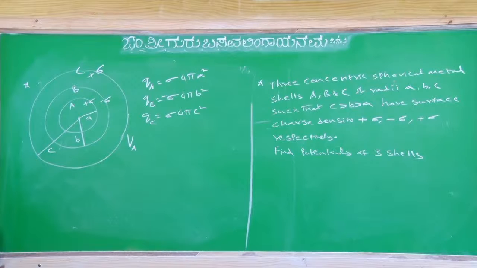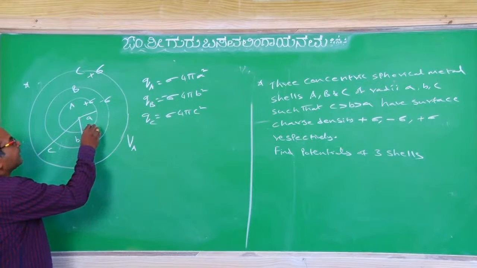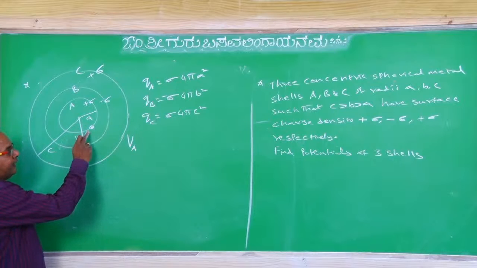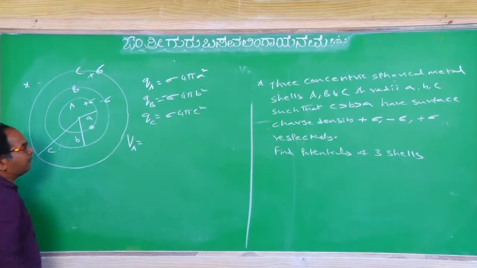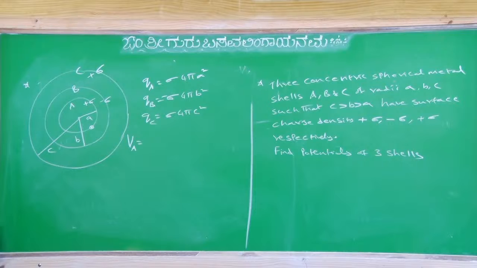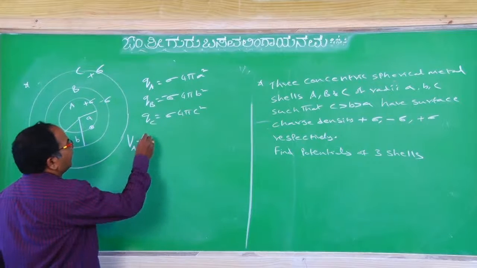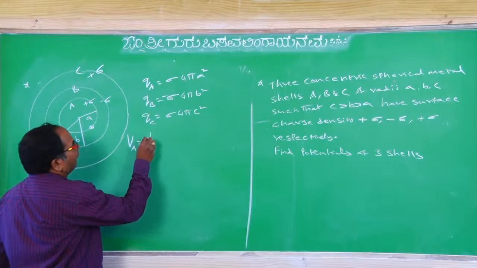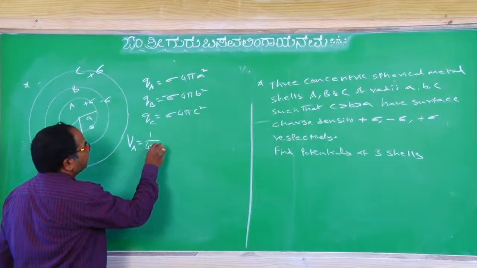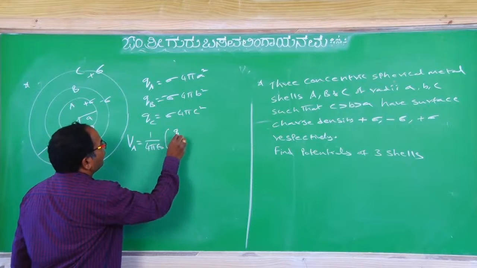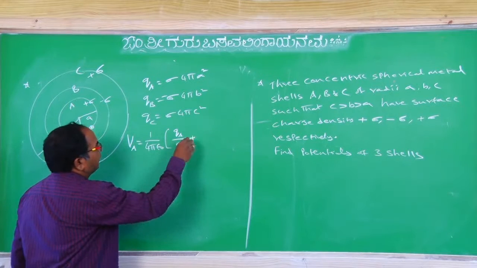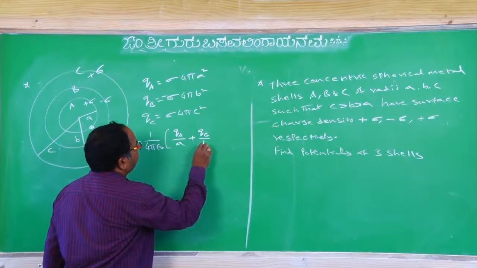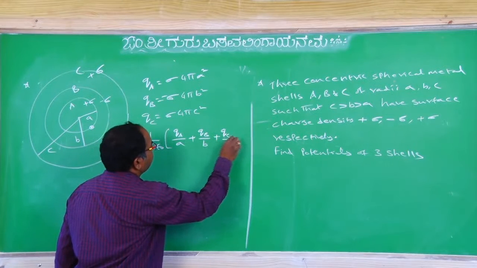So if you consider a certain point on A, how many charges are acting for potentials? 3. QA is acting, QB is acting, QC is acting. So VA is 1 by 4 pi epsilon naught into QA by a plus QB by b plus QC by c.